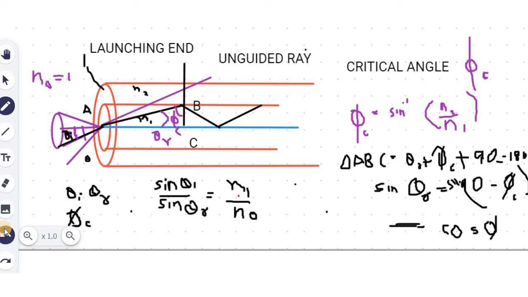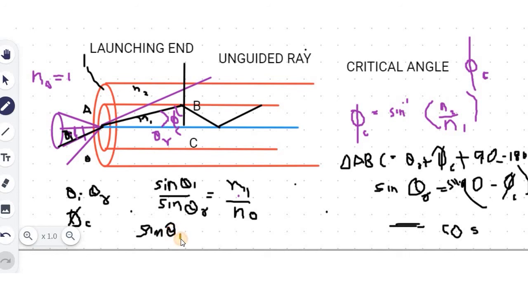And at the critical angle of propagation, what happens? Our ray will be propagated through the fiber. When phi is equal to phi c, theta I is the maximum angle. So instead of theta I, I'll write sin theta max.